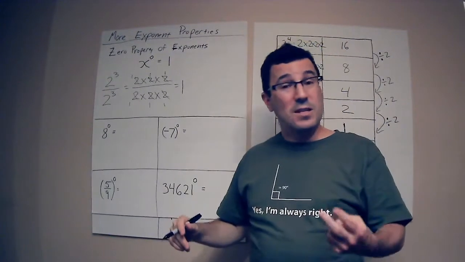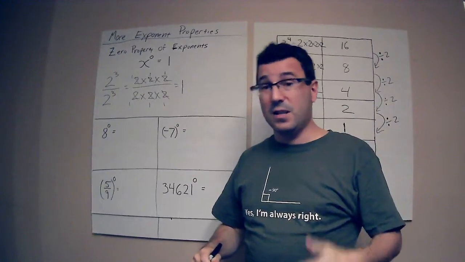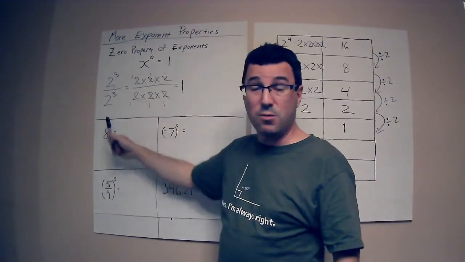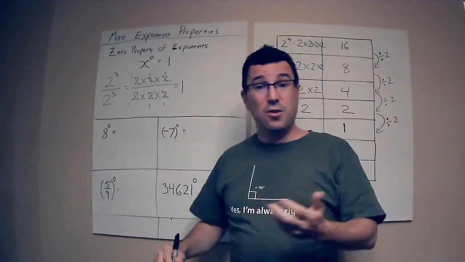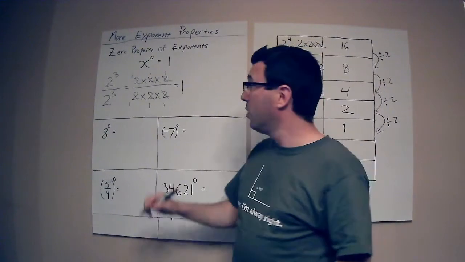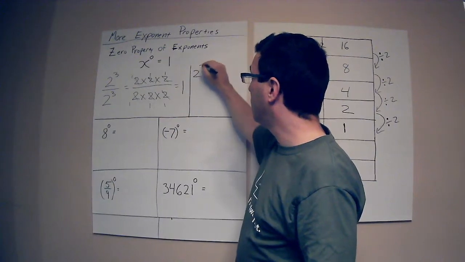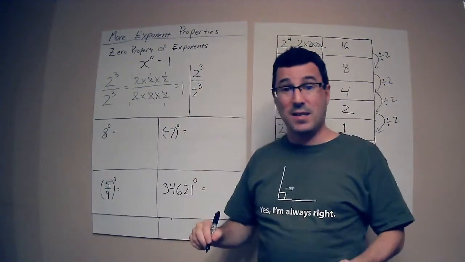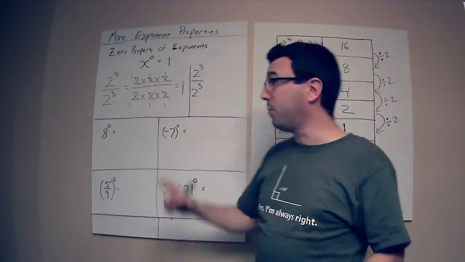There are two other things I can think about. When I have a number divided by itself, it's going to be 1. So 2 to the 3rd divided by 2 to the 3rd is going to be 1. The other thing is to use the quotient property, which said that when I have two numbers with the same base dividing each other, I subtract the exponents.